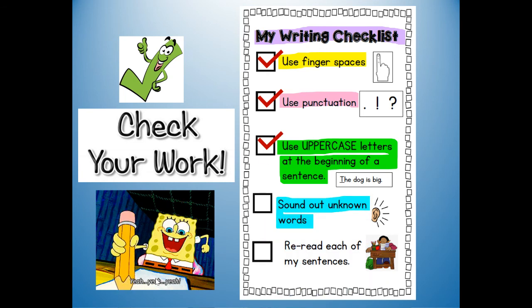And when you came to a word you didn't know how to spell already, did you sound out and write the sounds you heard? And my favorite, reread each of my sentences. So this is a good time to push pause, reread each of your 3 sentences, and make sure you have all these things from your writing checklist.